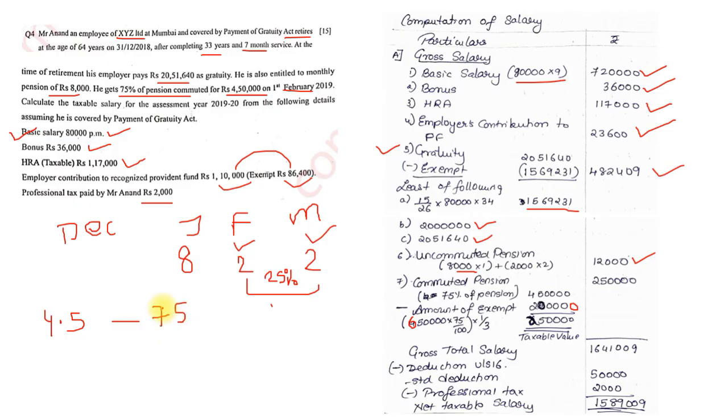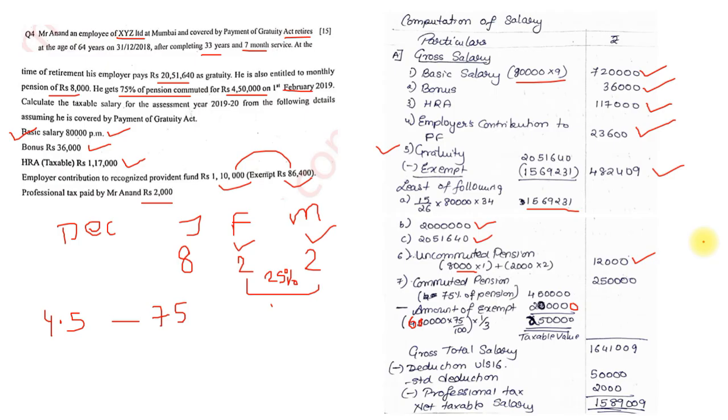So 100 into 4,50,000 divided by 75, we get the value as 6 lakhs. So this is the value of 6 lakhs which I'll take in the question. 75% of 6 lakhs is 4,50,000.